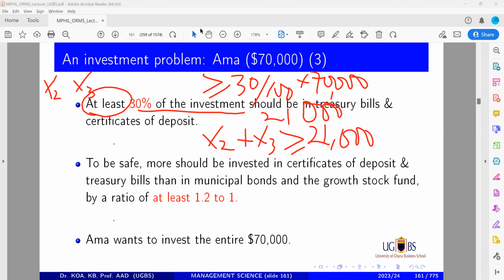You know the total investment is 70,000, so if 30% of it is 21,000, then you should know how to calculate. The rest is knowing clearly the symbols representing the TB and CD. If you know these, happy are you if you apply them. That is how you execute this. So let's put this one down and go to the next diversification constraint.